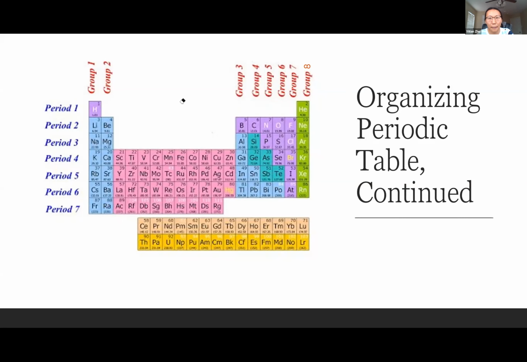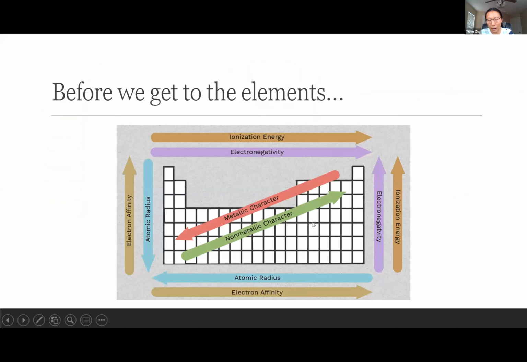This is chemistry class, and we're going to talk about periodic trends now before we get to the elements. There are some important trends that you should know that we'll talk about throughout this class. First we'll talk about the ionization energy, which is the energy it takes to steal an electron out of an atom, the outermost electron.